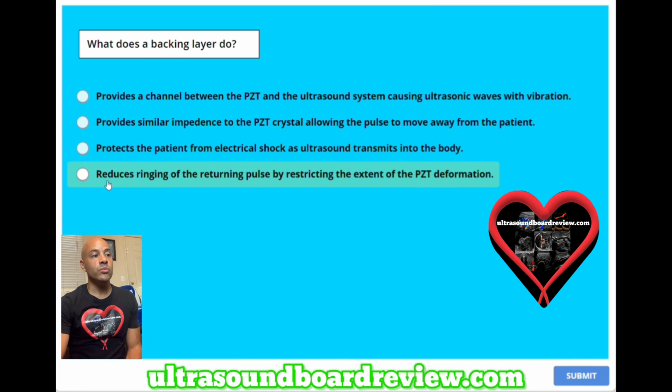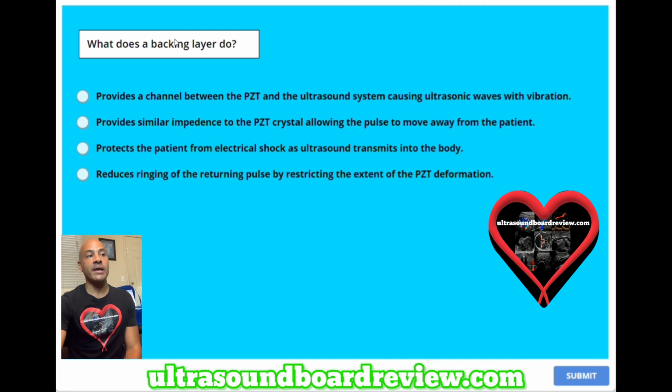Or D, reduces ringing of the returning pulse by restricting the extent of the PZT deformation. The answer is D. It reduces ringing of the returning pulse by restricting the extent of the PZT deformation.